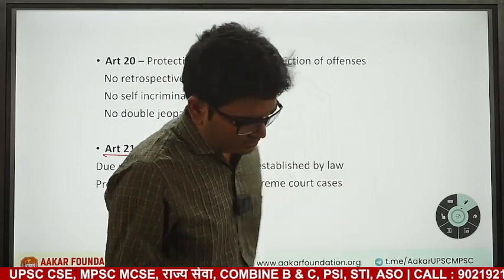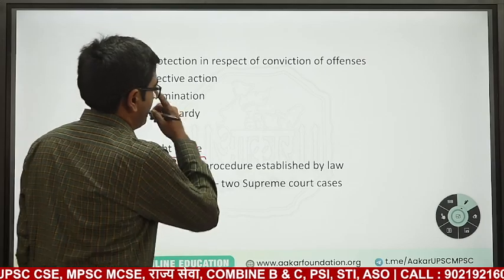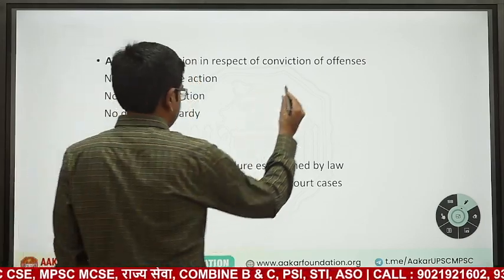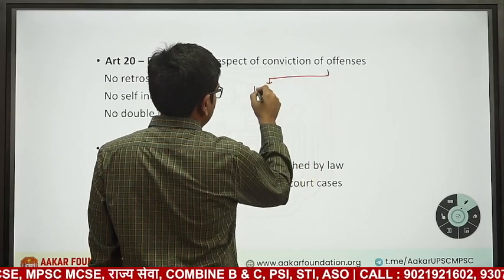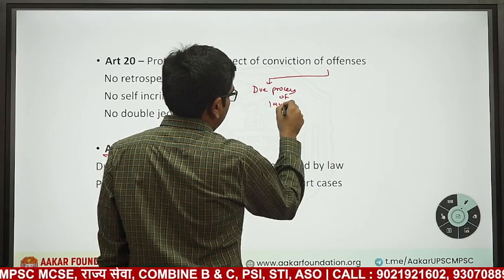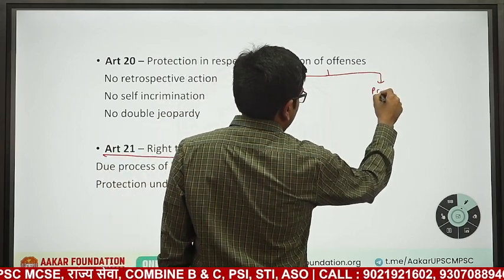So talking about due process of law, for example, in Indian cases we will see how the judiciary works. There is due process of law and there is procedure established by law.